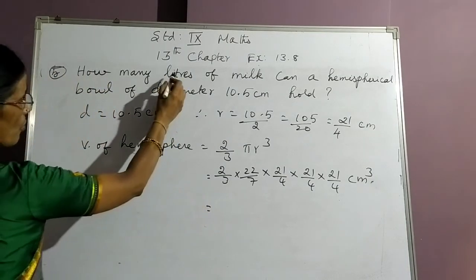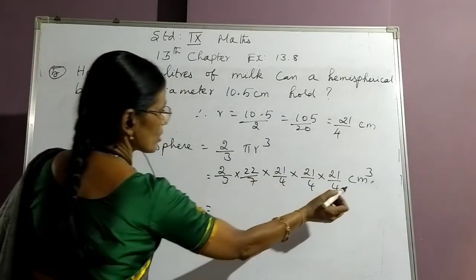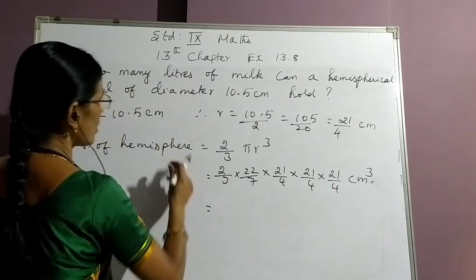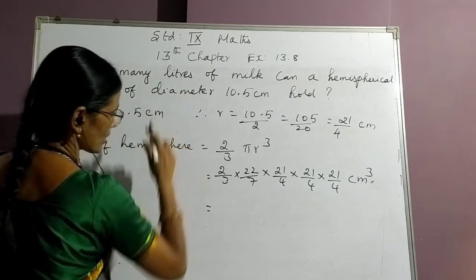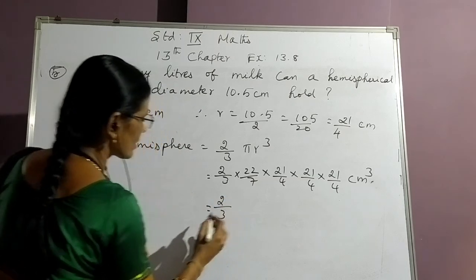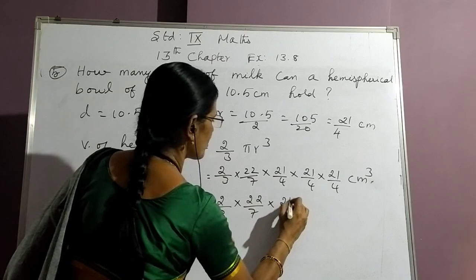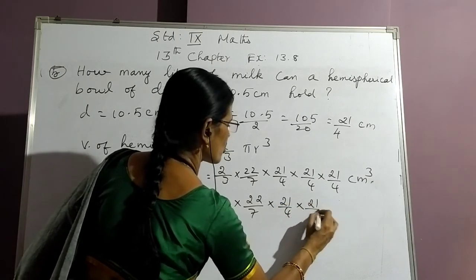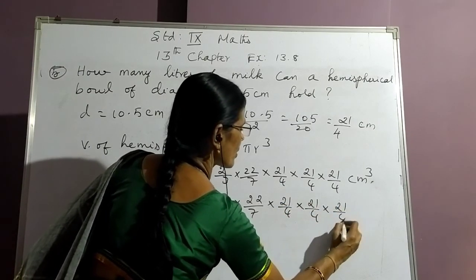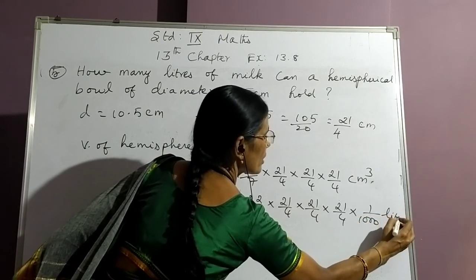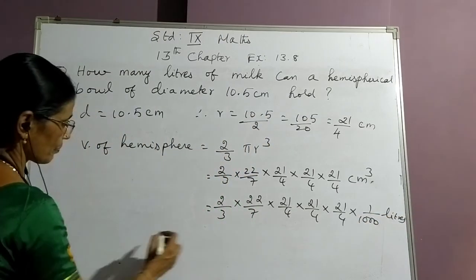But the question is how many liters of milk? So here we have the unit in centimeter cube, but the required unit is liters. Therefore, to convert centimeter cube to liters, remember we have to divide by 1000. So 21/4 into 21/4, we are dividing by 1000 and the unit changes to liters.